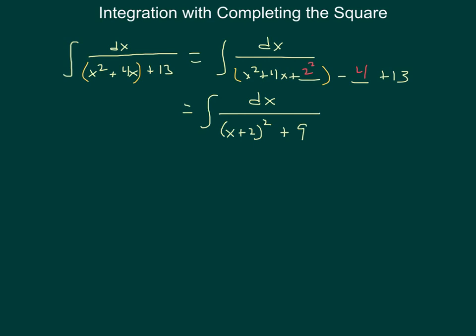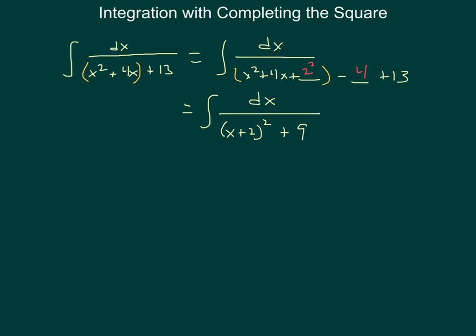So now I can look at that problem, and you should be able to recognize that we do have the inverse tangent here. We're dealing with two things squared. That 9 is 3 squared. These two things squared and the addition there. So I'm looking at inverse tangent. Also notice that u is x plus 2, so du is just going to be dx.